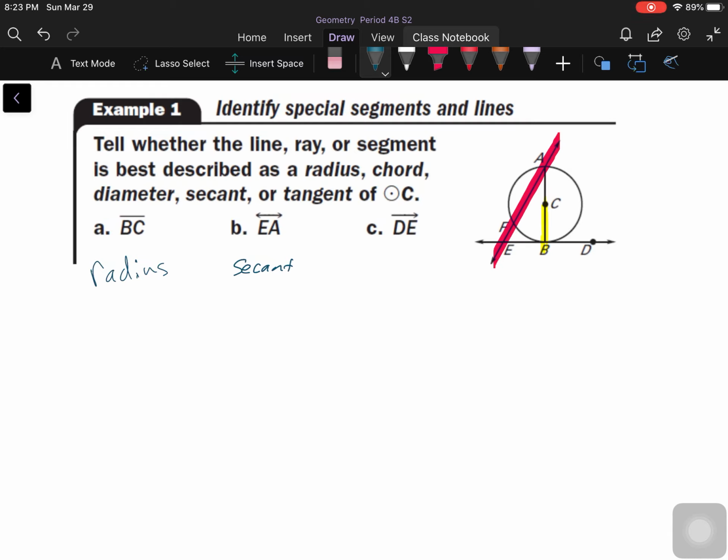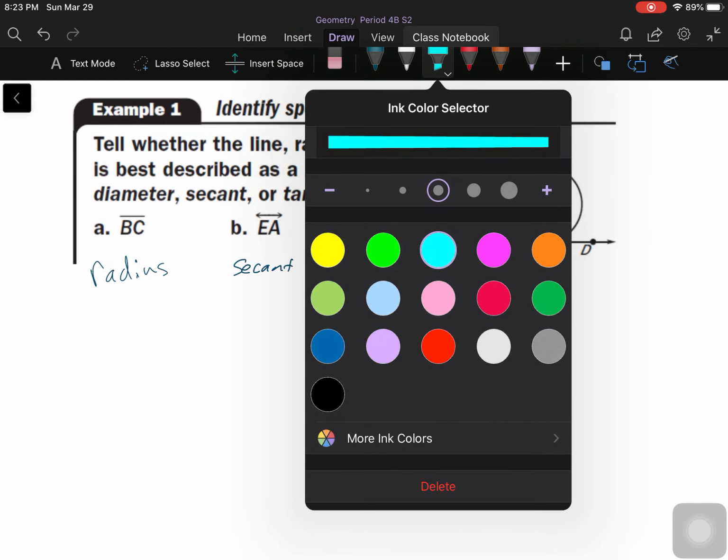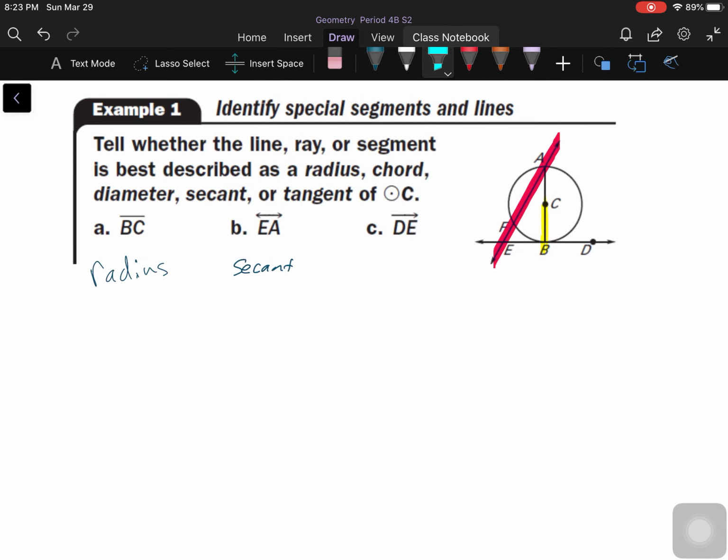And then the last one, ray DE. If I highlight that one, choose a different color here, ray DE, so that's this one here. That one's going to be a tangent because, again, it touches the circle at one point, so it touches at B there.